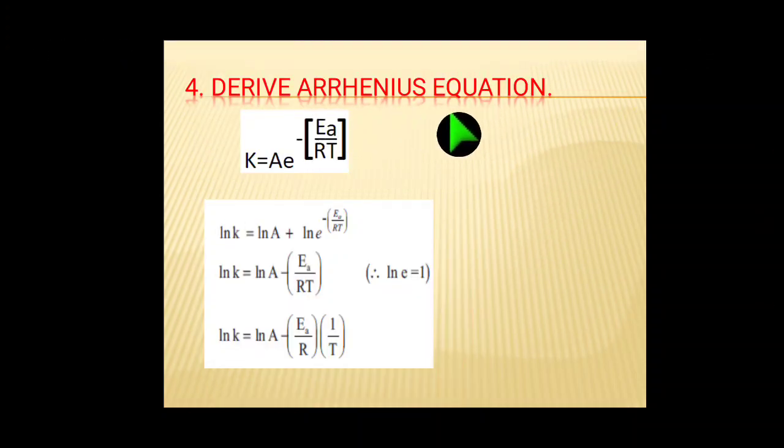Now let us discuss the derivation of the Arrhenius equation. First write the Arrhenius equation, k = A e^(-Ea/RT). Then take the logarithm on both sides of the equation.